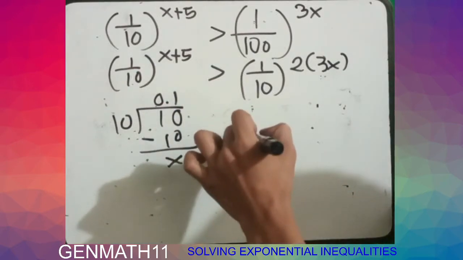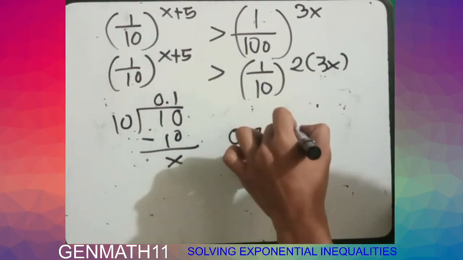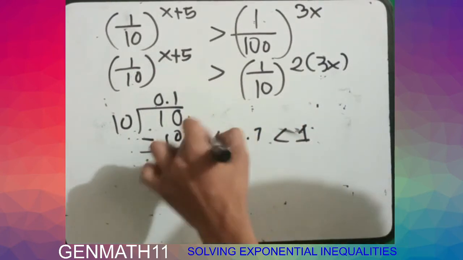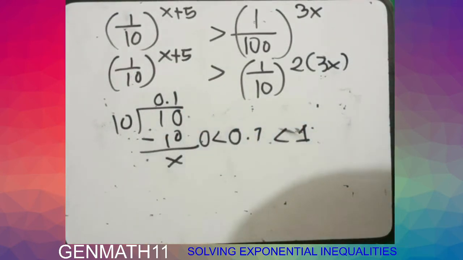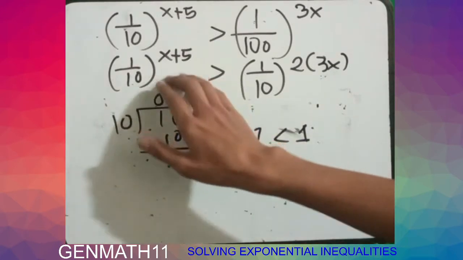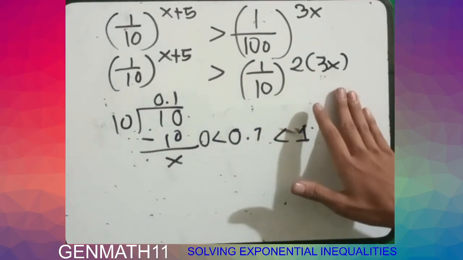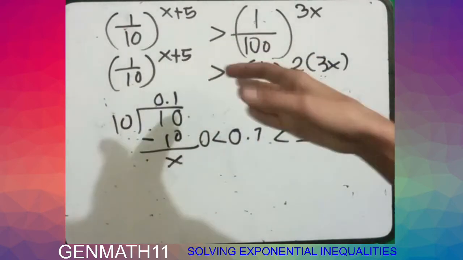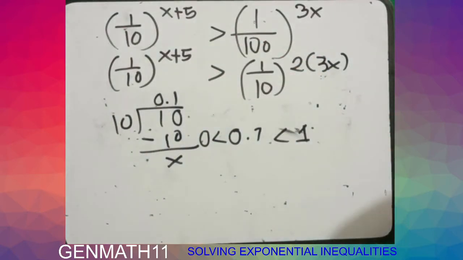So, 0.1 is less than 1 but greater than 0. Ibig sabihin, the inequality symbol will be reversed. Mababago kapag binaba na natin si x plus 5 tsaka si 2 times 3x. Or pwede natin baguhin na agad dito, pero para hindi nakakalito, gawin natin ganito.